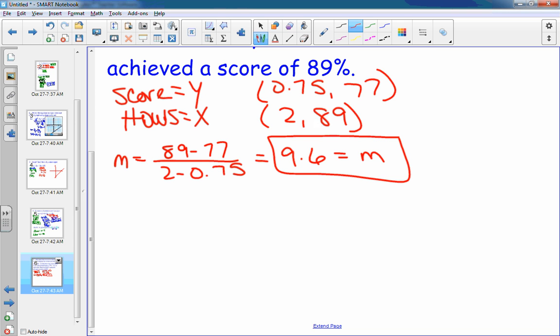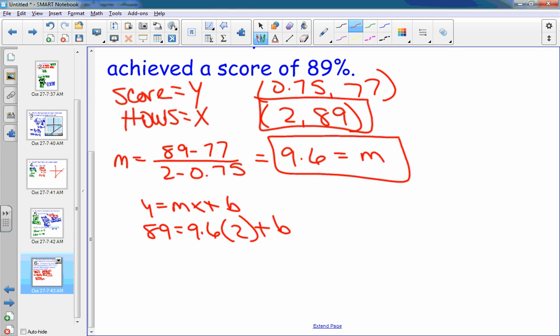So now I found my M. What do I need to do to find my B? Plug it in, right? I'm going to use which point? I'm probably going to use this one to avoid decimals as much as you can. So y is equal to mx plus b. Y is going to be 89, M is 9.6, X is 2, plus b. In your calculator, what's 9.6 times 2? Very good.